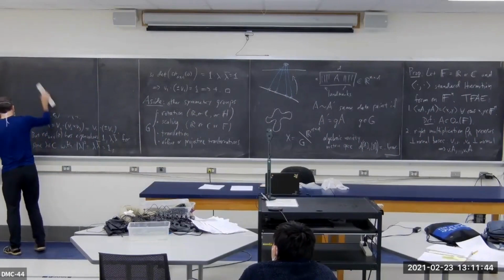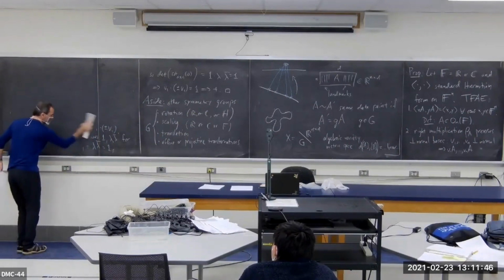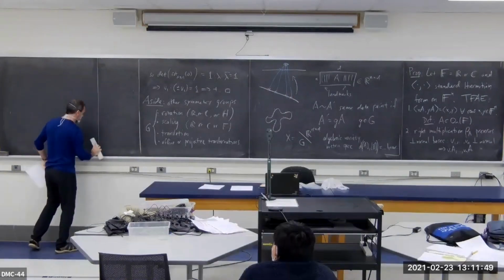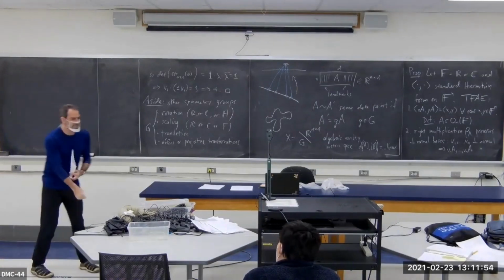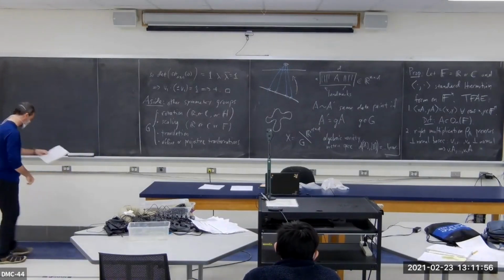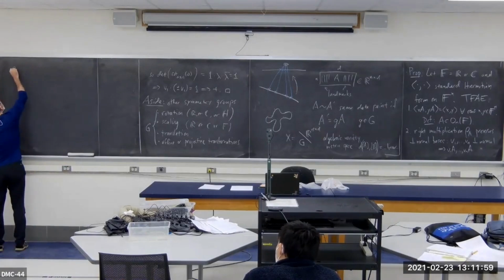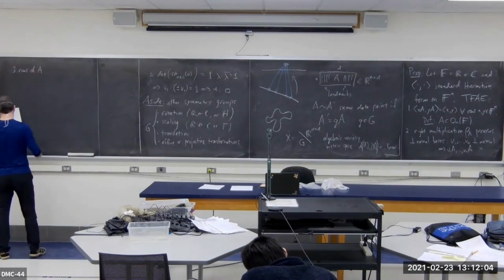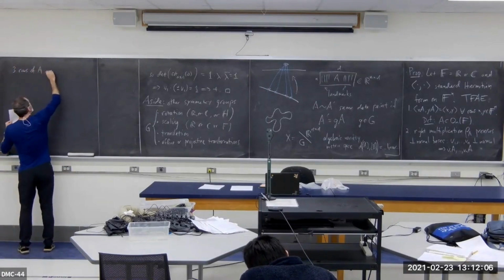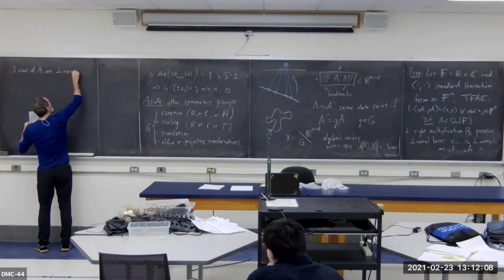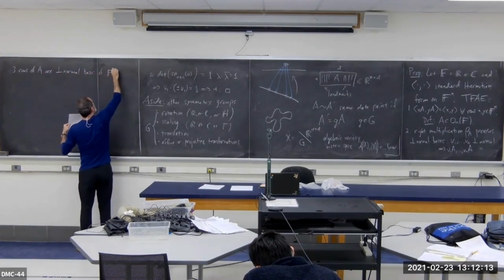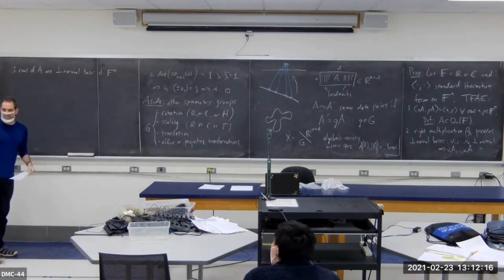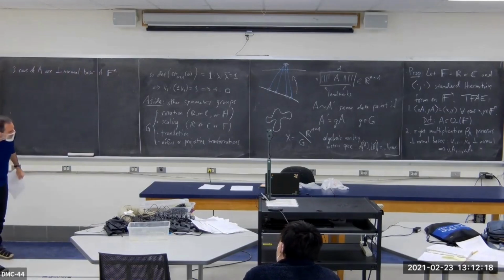While I'm writing this down, let me tell you, I am not going to prove this for you. But we can talk about it after I'm done writing it down. You should use your knowledge of 221 stuff to prove these things. So 3. The rows of A are an orthonormal basis of F to the n. I have to say a basis of F to the n because I want there to be n rows.